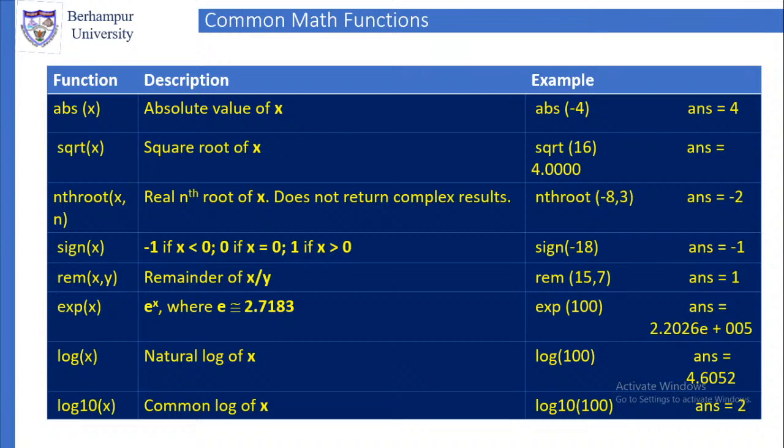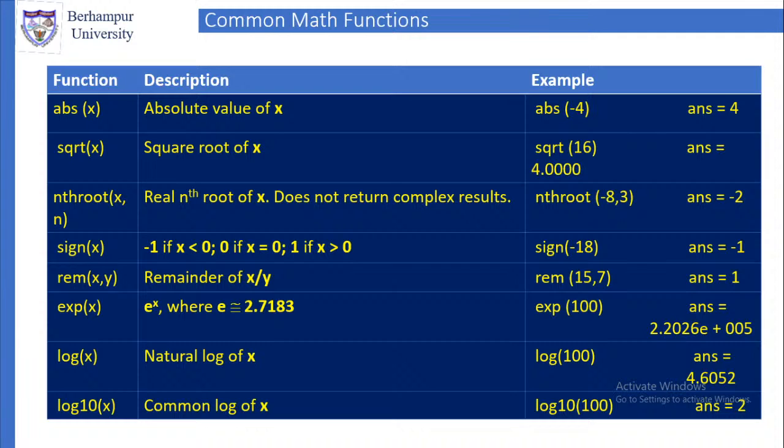And then log. Log x gives us the natural log of x. So you can write log 100, that is natural log, not log 10. Log x is natural log. So log 100 will be 4.6052. Don't get confused, it will not give you 2. Whereas log10 x is the common log of x, which is with base 10.